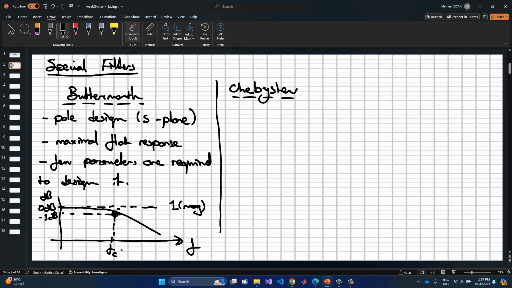And so for signals lower than fc, the signal is passed, but the other signals are not, okay?